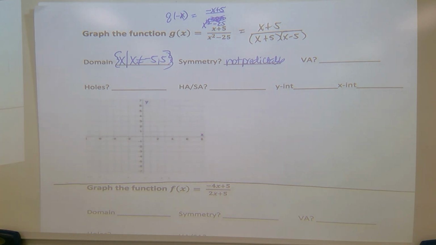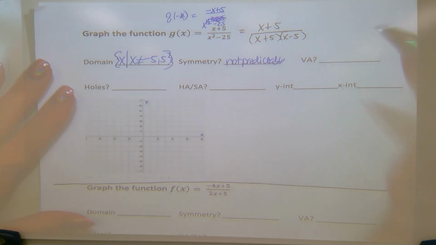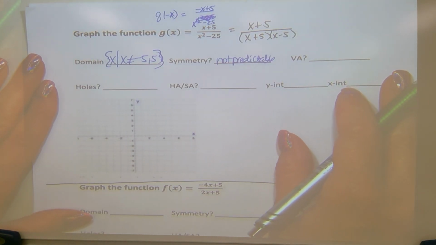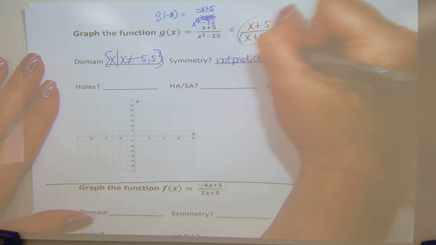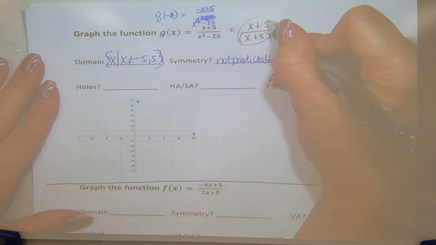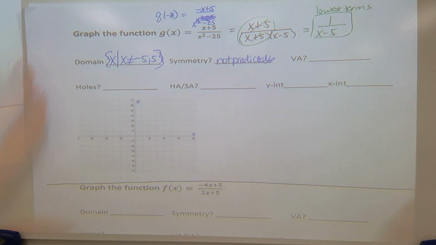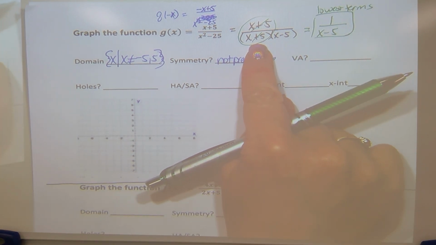To figure out asymptotes and holes, I need to get my function into lowest terms. This is my factor that cancels out. x plus 5 over x plus 5 is just 1. So in lowest terms, my function looks like this. This factor canceled out.